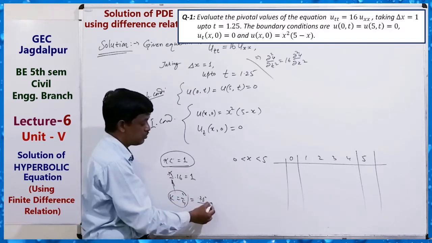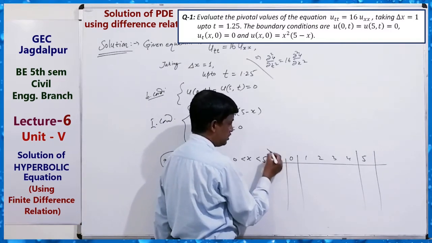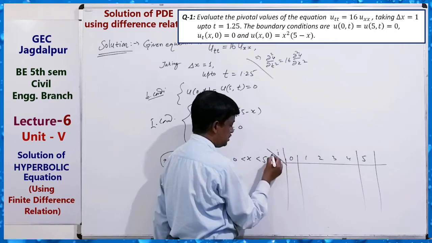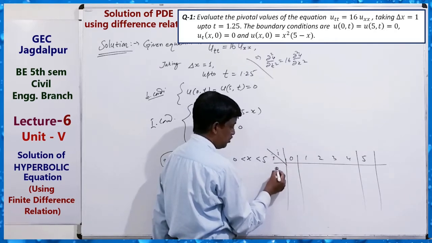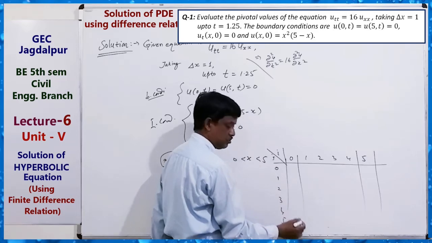So 0.25 means 5 steps. Here for time, this is for i and this is for j. The time level j is 0, 1, 2, 3, 4, 5 also.